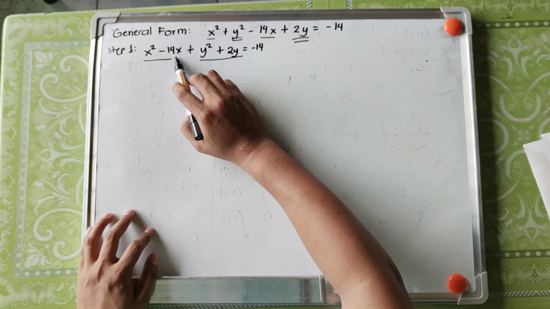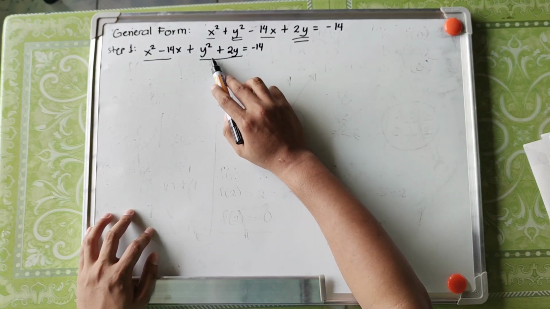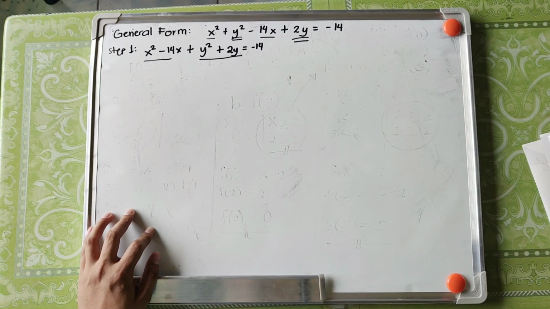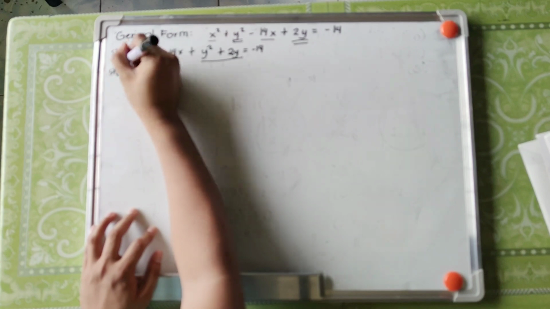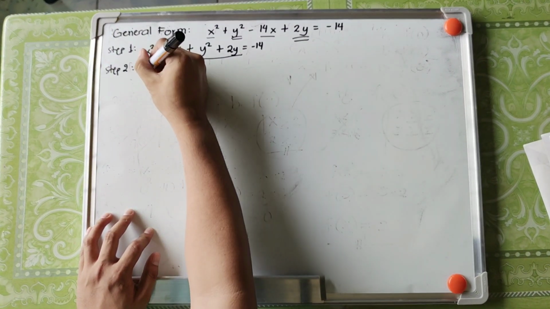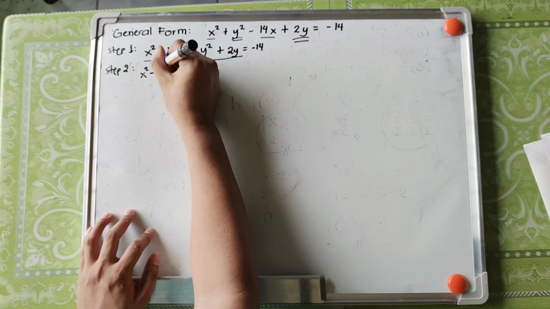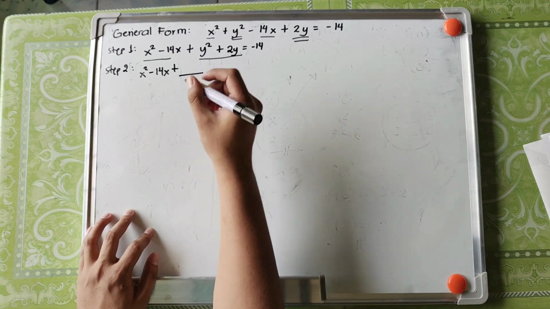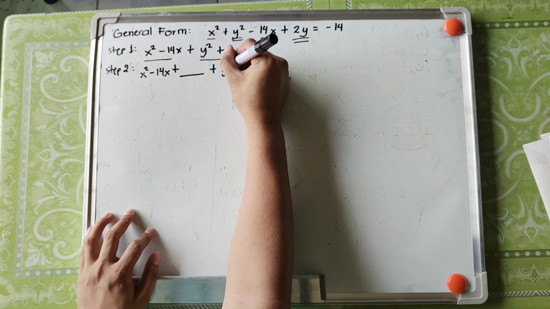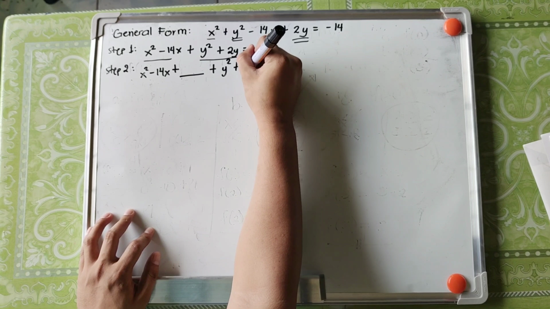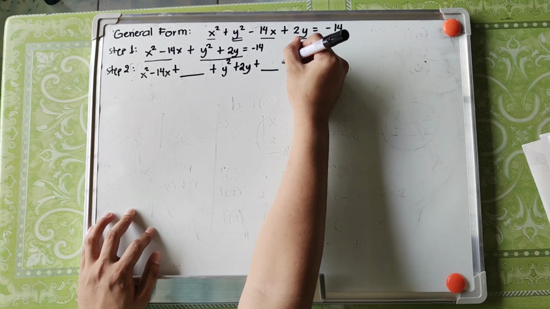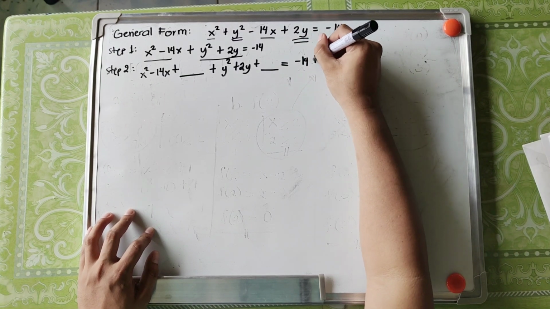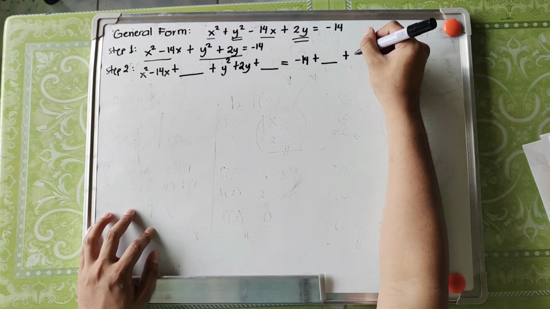So we have to make it a trinomial, as well as the y squared and 2y. So step 2: x squared minus 14x plus blank, and plus y squared plus 2y plus blank is equal to negative 14 plus blank plus blank.